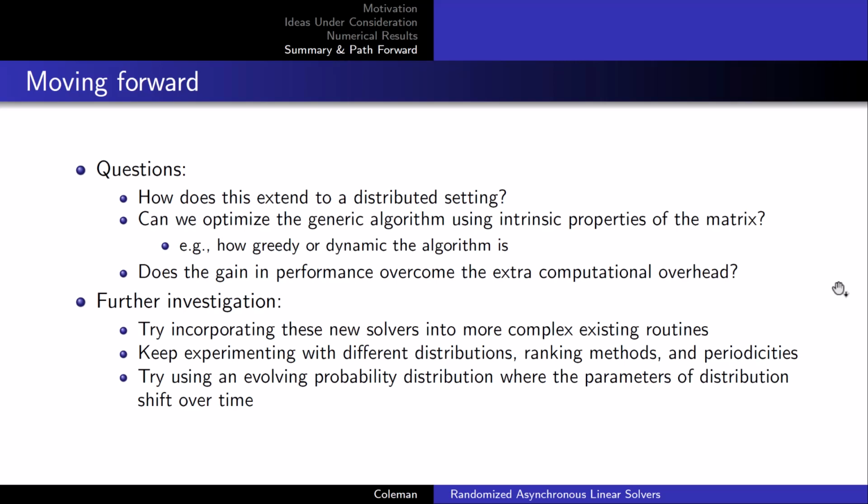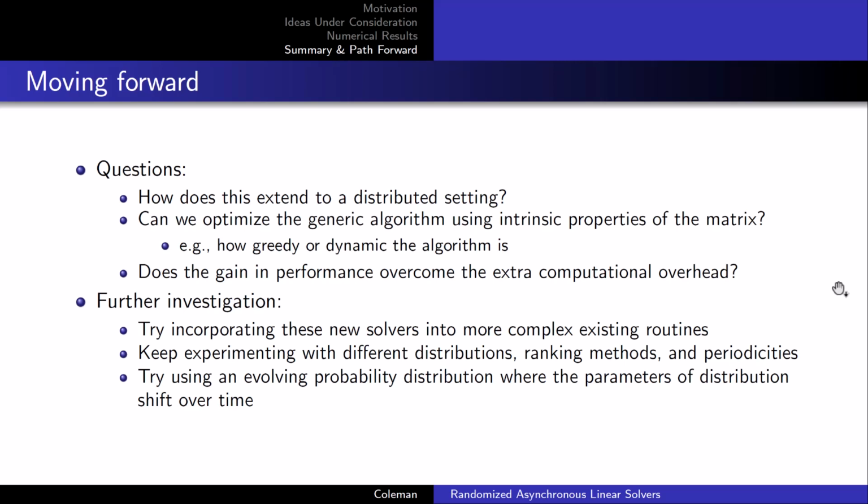How can we further optimize the algorithm is really the next question. I called out using properties of the matrix, so it would be nice to look at the eigenvalues or the trace or something I can compute easily before the problem gets going.